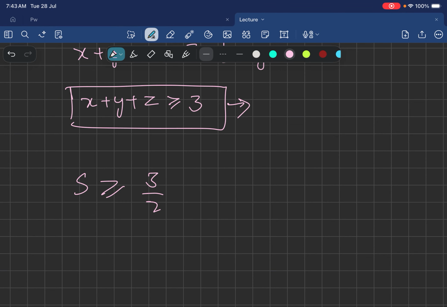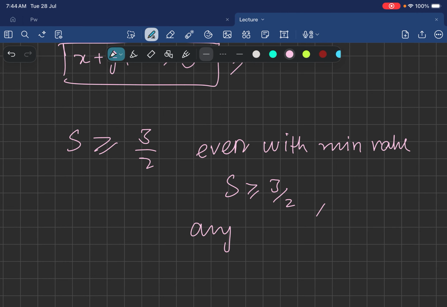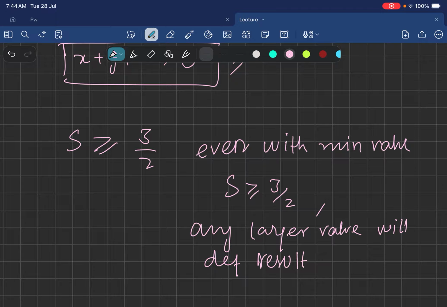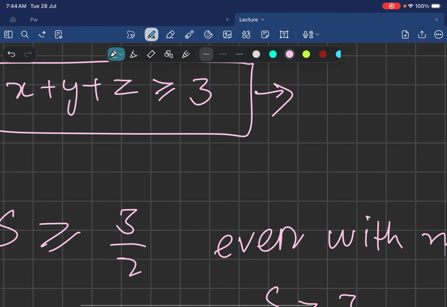So even with the minimum value, S is greater than or equal to 3 over 2. Any larger value will definitely result in S being greater than 3 over 2.